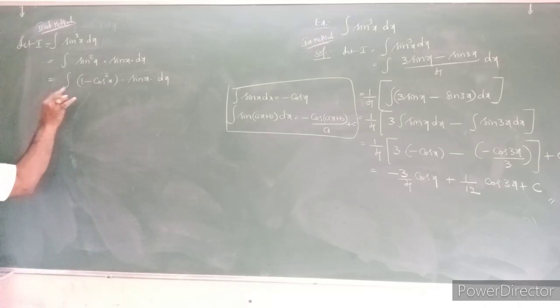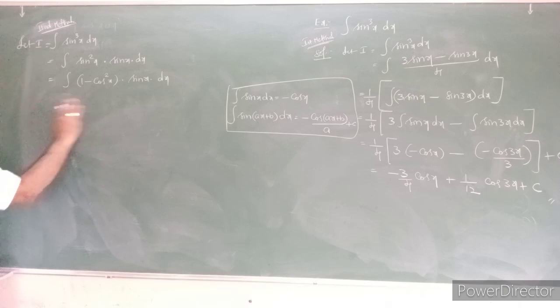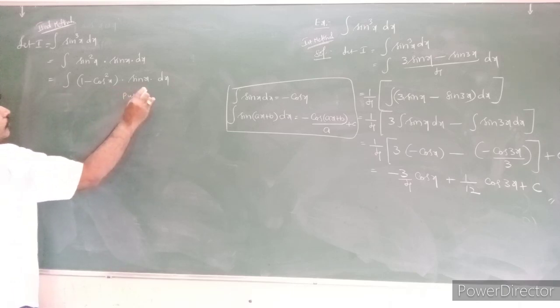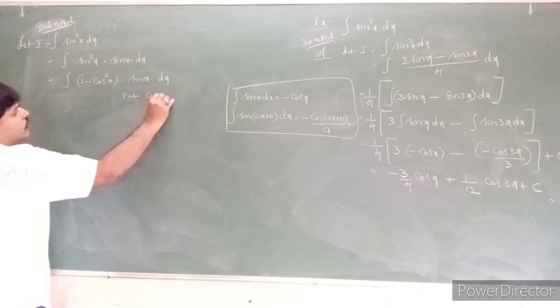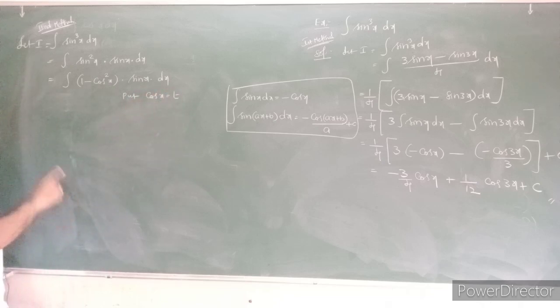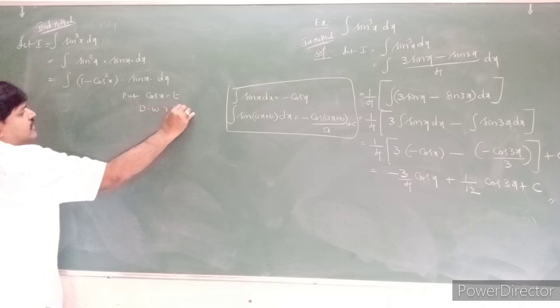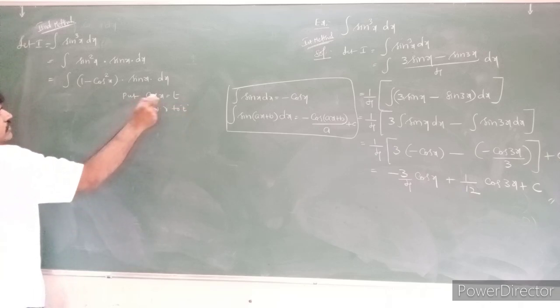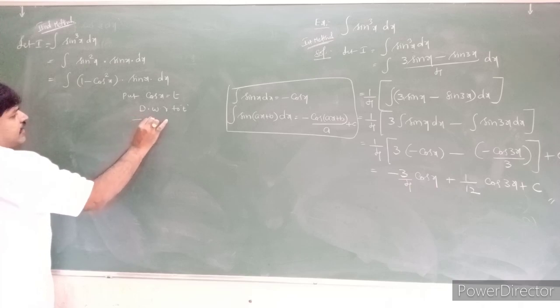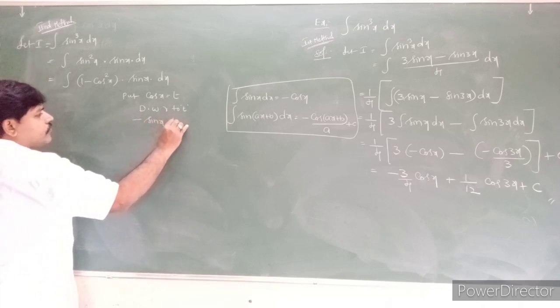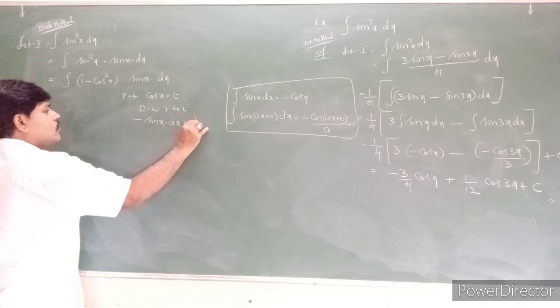So what happens, students? Here I will substitute a condition: put cos x is equal to t. Differentiate with respect to x: the derivative of cos x is minus sin x into dx is equal to dt.